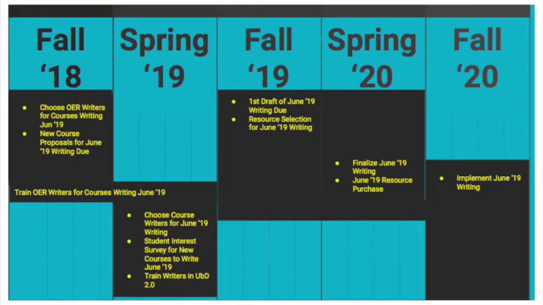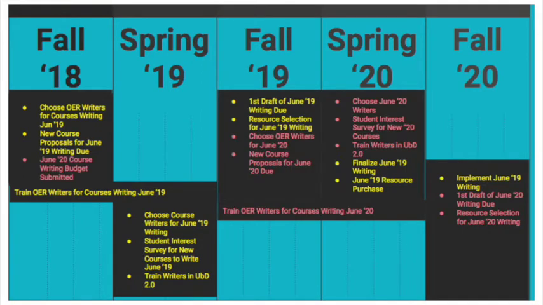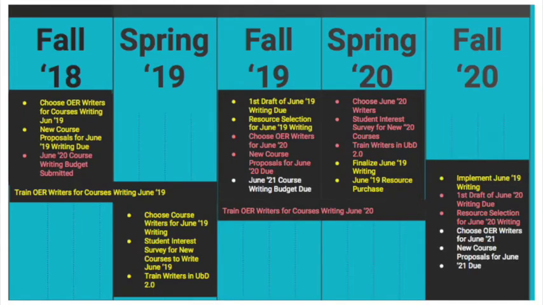Moving into the fall of 2020, implementation. We begin to overlay multiple steps on top so that you can see how we're going to begin to make sure that over the next 5 years, we arrive at all of our courses reaching that revision phase.